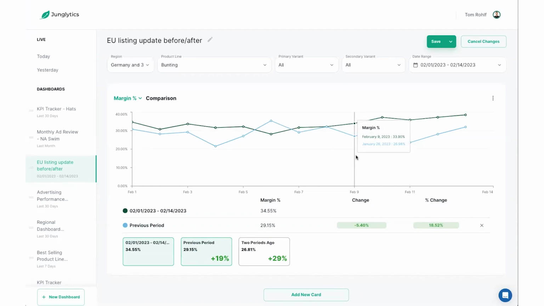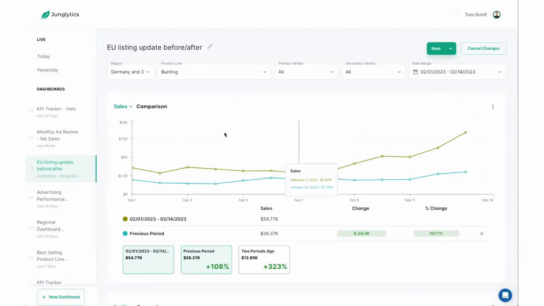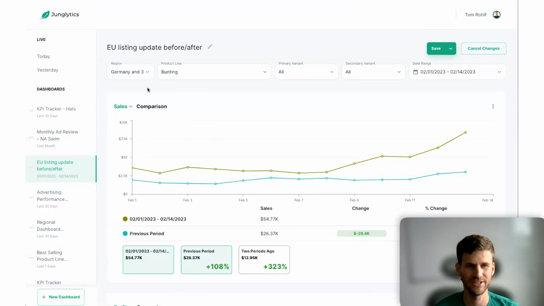And just to drive home the point, as a Junglelytics customer, you can have as many dashboards as you want. And every dashboard is fully customizable with as many cards as you want. So you can create as many cards as you want in any dashboard that will show you any number of views of your business.